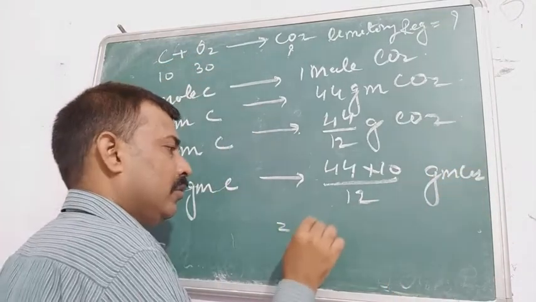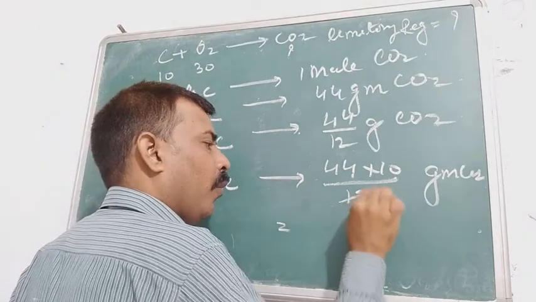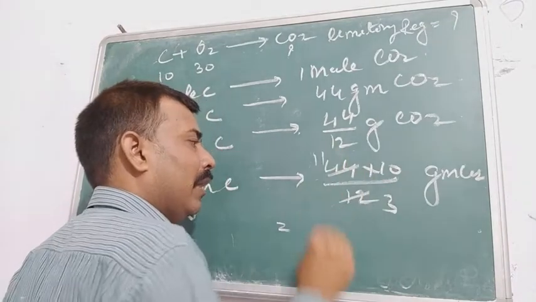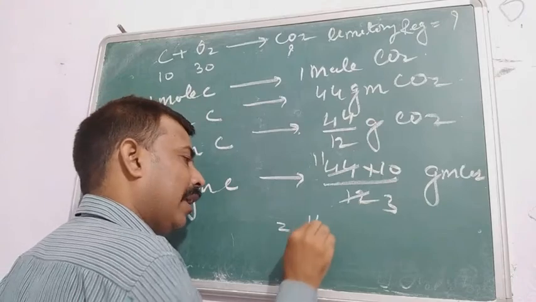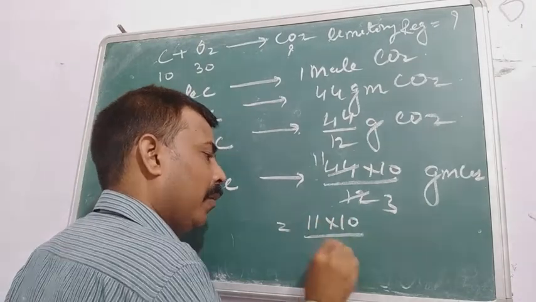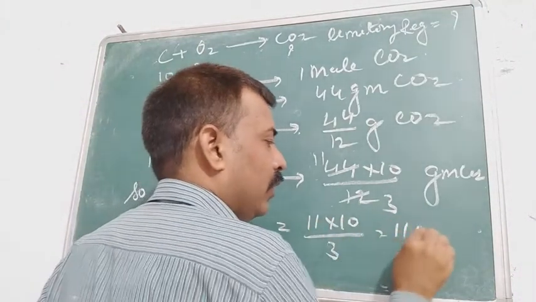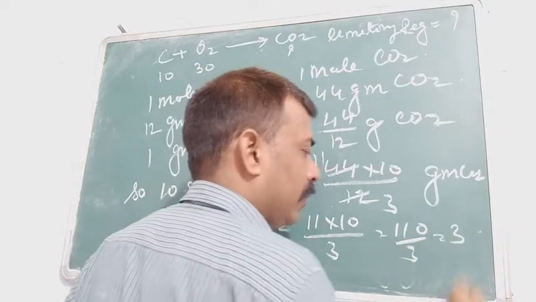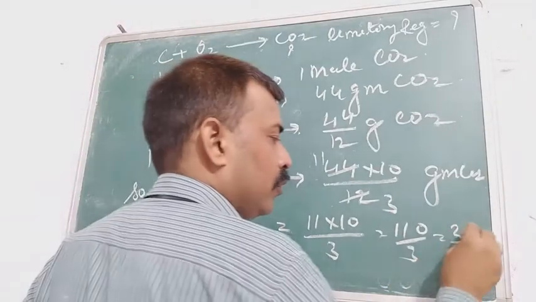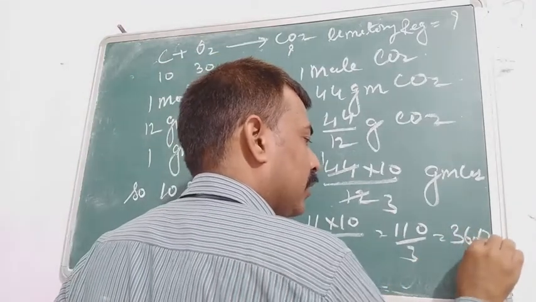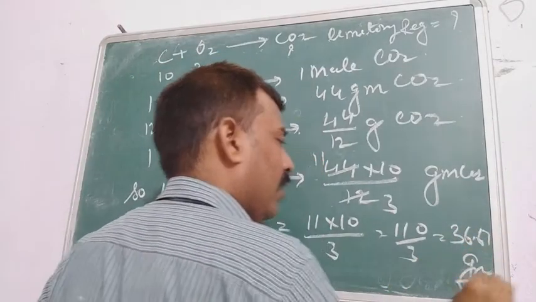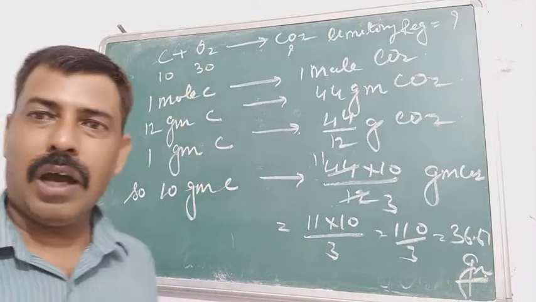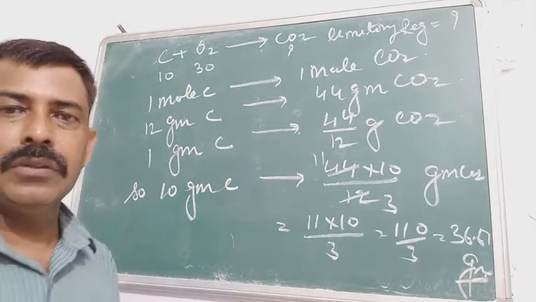That is, 3 fours are 12, 11 fours are 44, so 11 into 10 by 3, that is 110 by 3. By solving it, it is 36.67 gram, and this is the amount of carbon dioxide. Just note it.